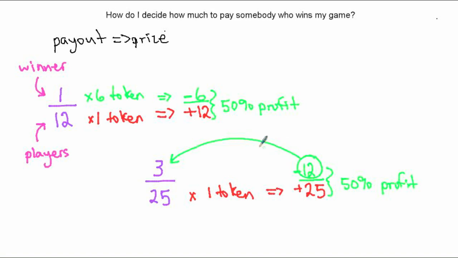That 12 is divided amongst those 3 people. So really what that means is I'm going to pay each person 4 tokens because 12 divided by 3 is 4. So if I pay each of those 3 people 4 tokens, that means I pay out a total of 12 tokens or around 50% of the money I've earned. And that's how we can figure out how much money we need to pay somebody who wins my game.